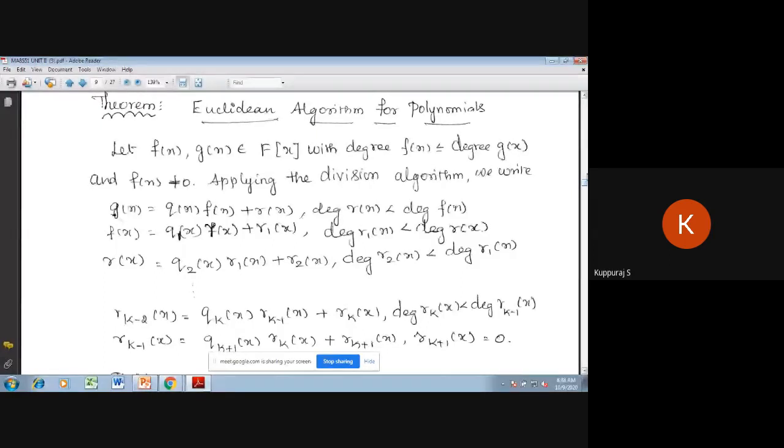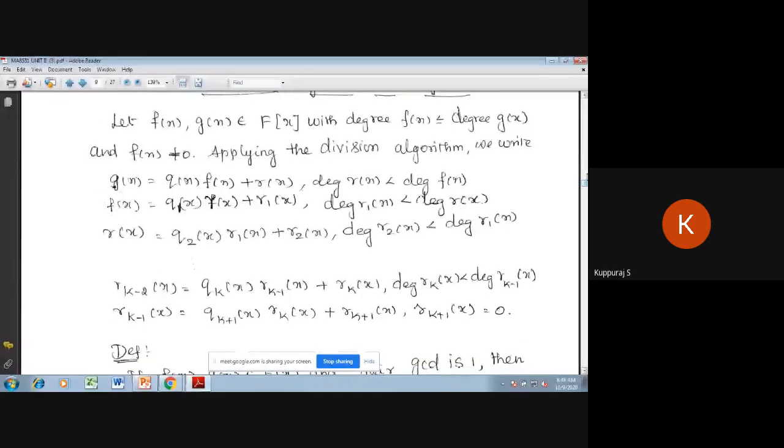Okay. So let f of x comma g of x belong to capital F of x with degree of f of x less than or equal to degree of g of x and f of x not equal to 0. So by the division algorithm, we can write, here degree of f of x is less than degree of g of x, therefore f of x will become the divisor and g of x will become the dividend.